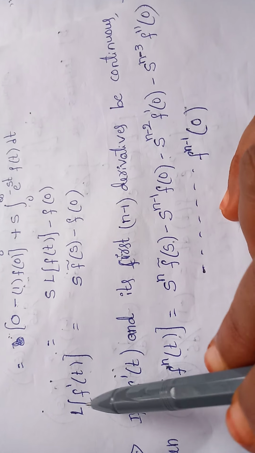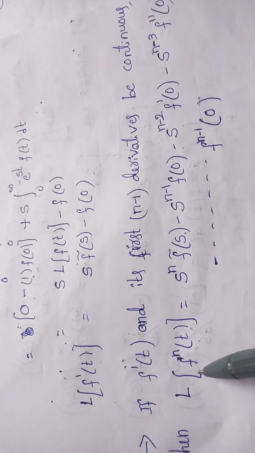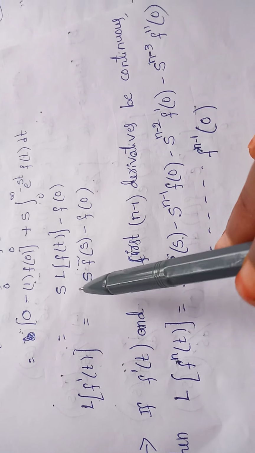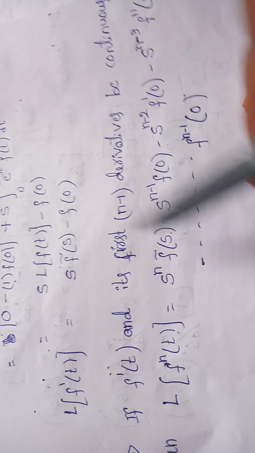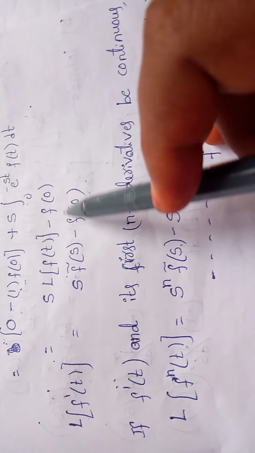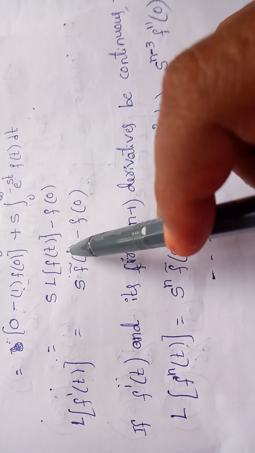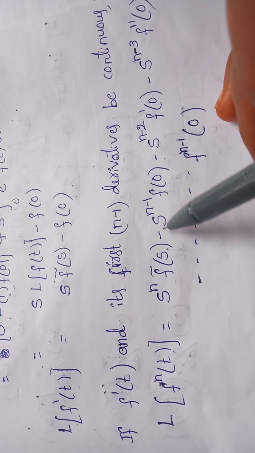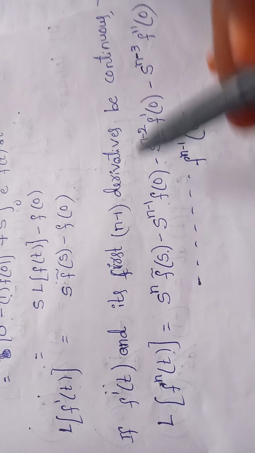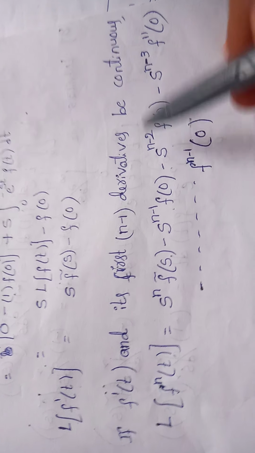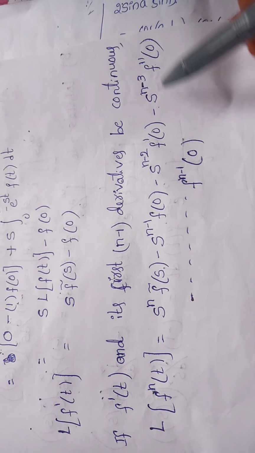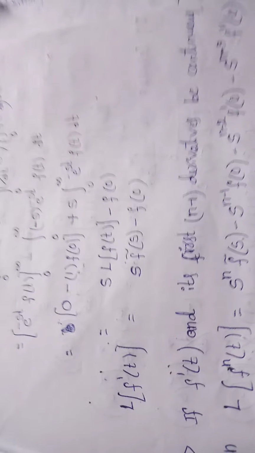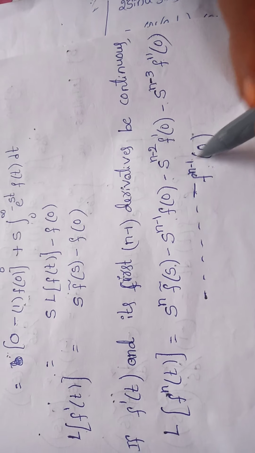L of the nth derivative of f of t is s power n into f bar s minus s power n minus 1 f of 0, s power n minus 2 f dash 0, s power n minus 3 f double dash of 0 and so on, minus f n minus 1 of 0.